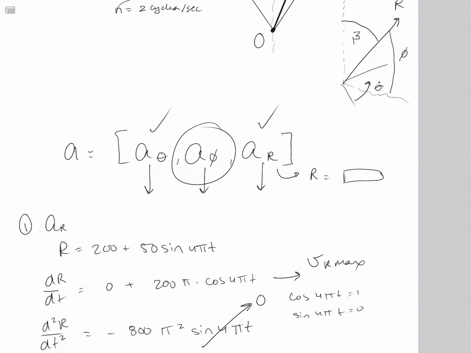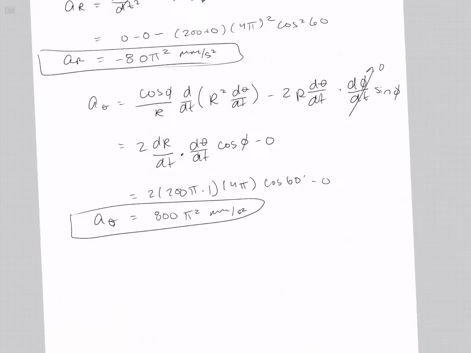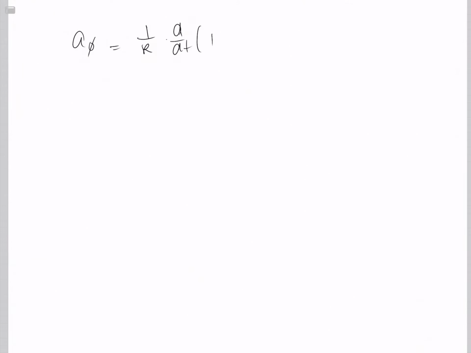Now let's look at this third component. Acceleration of phi equals 1 over r times d dt times r squared times phi dot, which we know equals 0, so it's going to simplify it down a lot, minus r theta dot squared times sine phi cosine of phi.